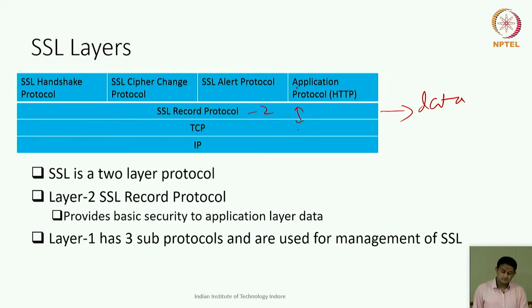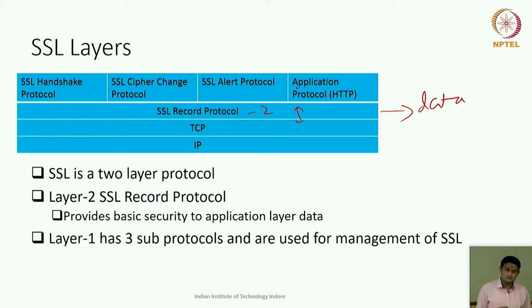On top of this, above layer 1, it has 3 sub-layer protocols. One is called the SSL Handshake protocol, the second is the SSL Cipher Change protocol, and the third is the SSL Alert protocol. You can think of them as the control plane protocols.